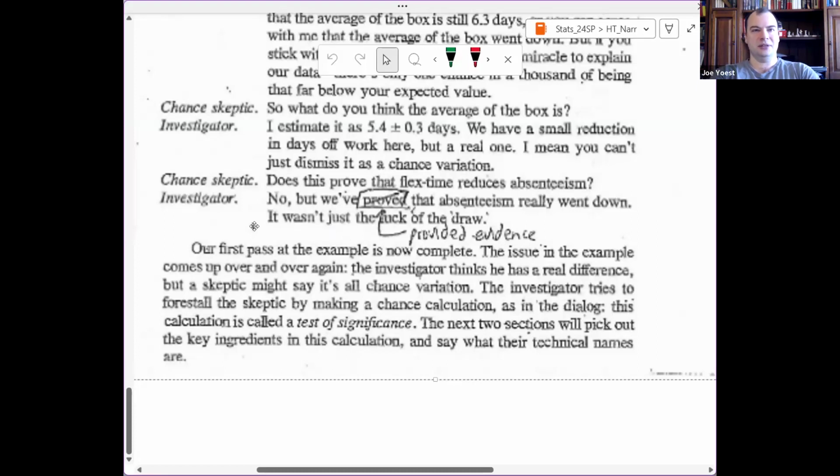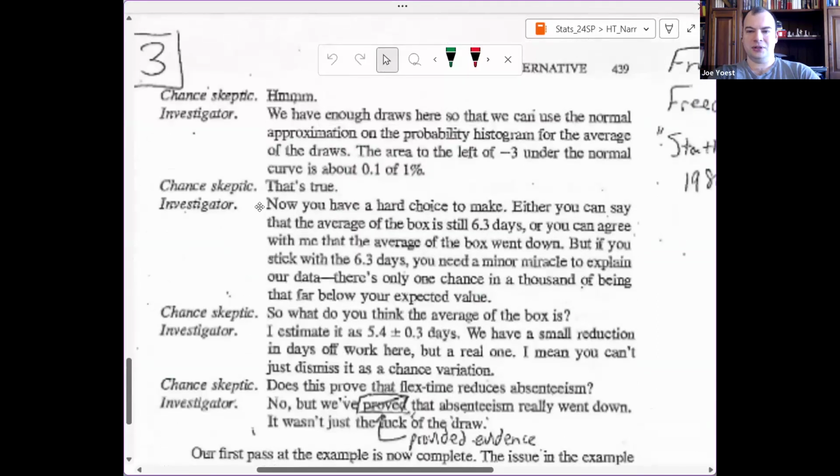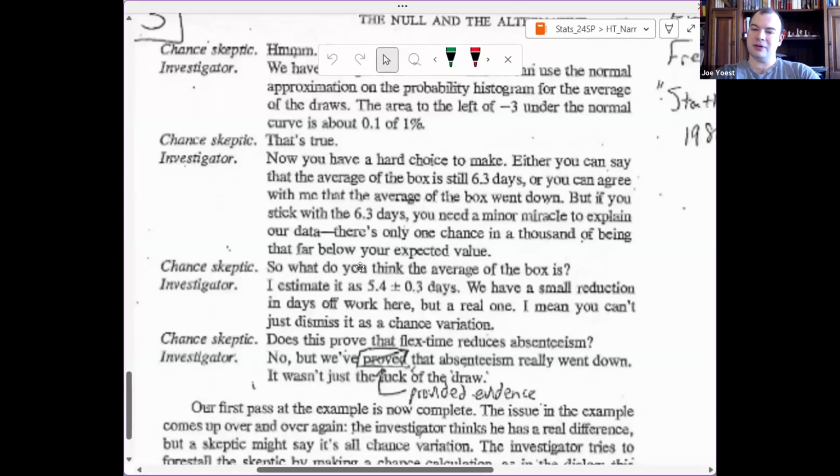But we have provided statistically significant evidence that absenteeism did decrease, that the mean number of days off did reduce below 6.3 days. We haven't provided statistically significant evidence that it's exactly equal to 5.4 or something. We've provided evidence that it's below 6.3 days. And really the crux is right here.